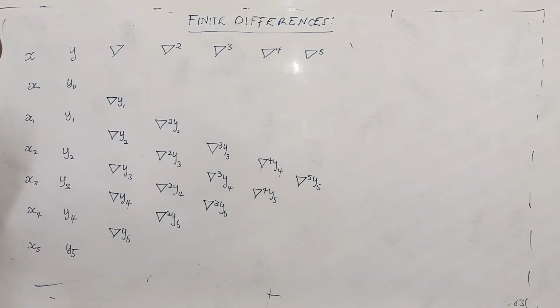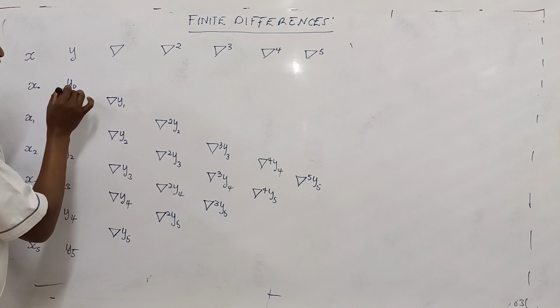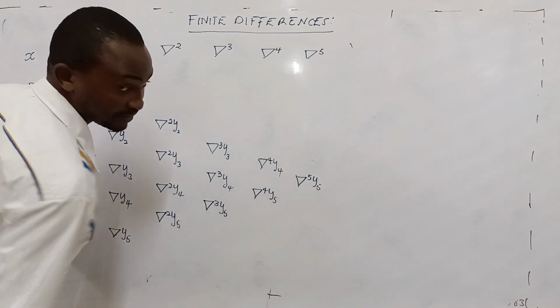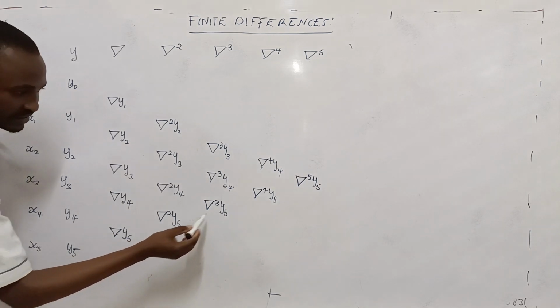If you follow the previous table that we created, y0 was persistent: y0, y0, y0, y0, y0, up to the last one, for forward differences. But now for backward differences, y5 is persistent.